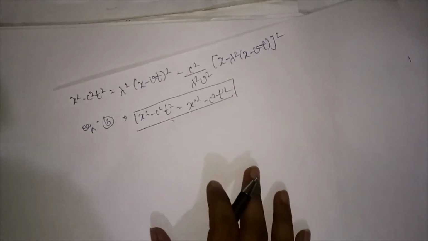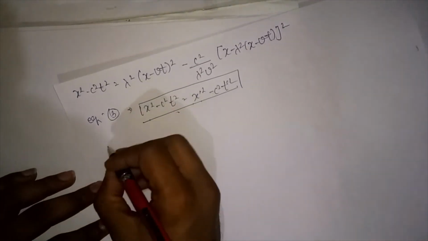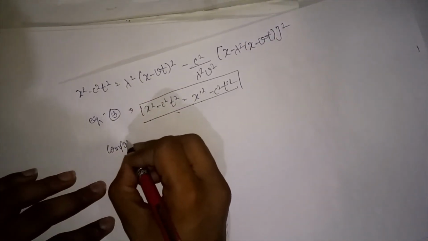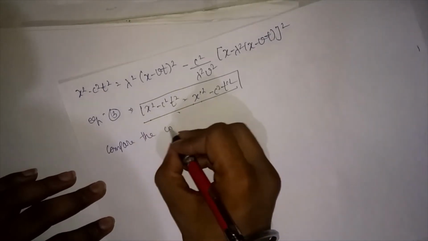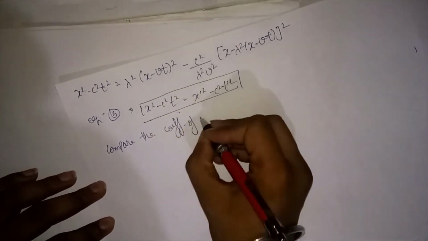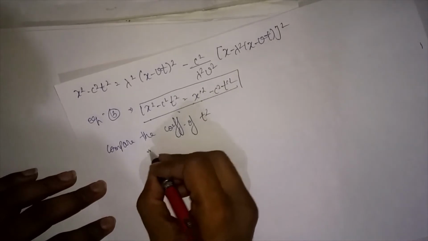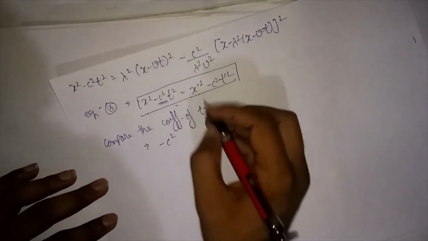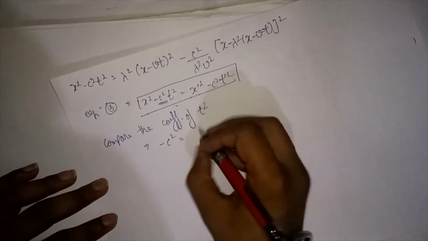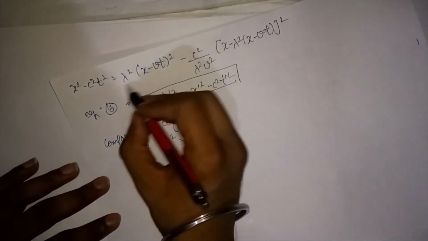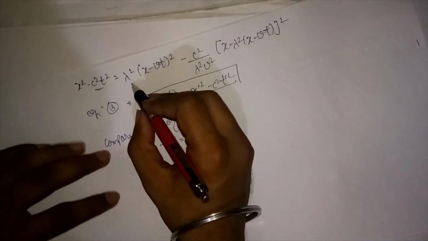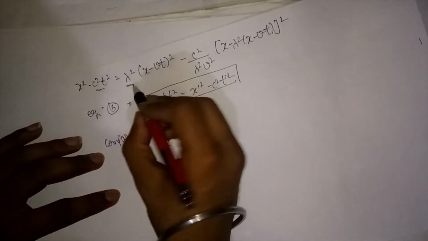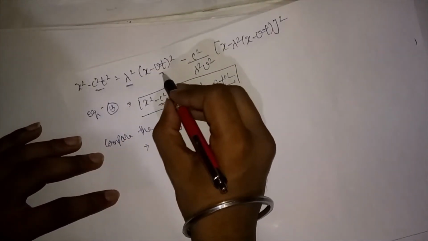Now moving forward, we have to compare the coefficient of t square, and we get minus c square equals lambda square into v square.